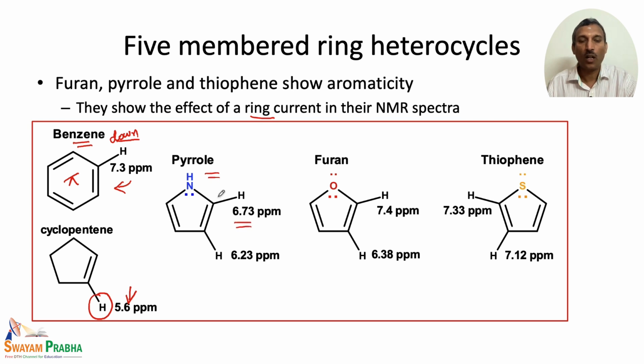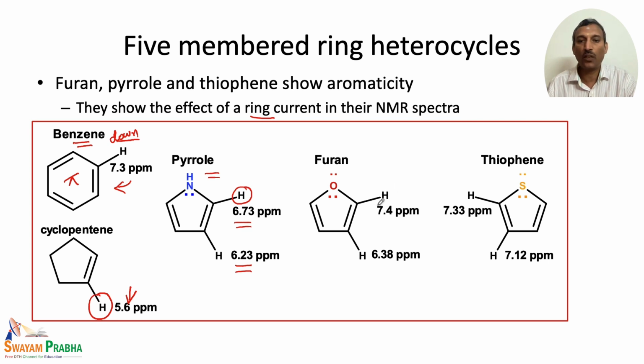The alpha carbon's proton appears at 6.73 and the beta one appears at 6.23 ppm. This is much higher than the 5.6 for the isolated double bond, although it is a little less than benzene. So, it still says that this pyrrole has a ring current, and because of that these protons are appearing in the downfield region.